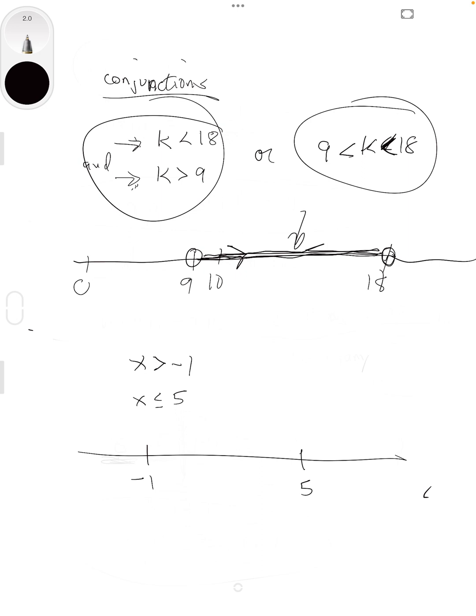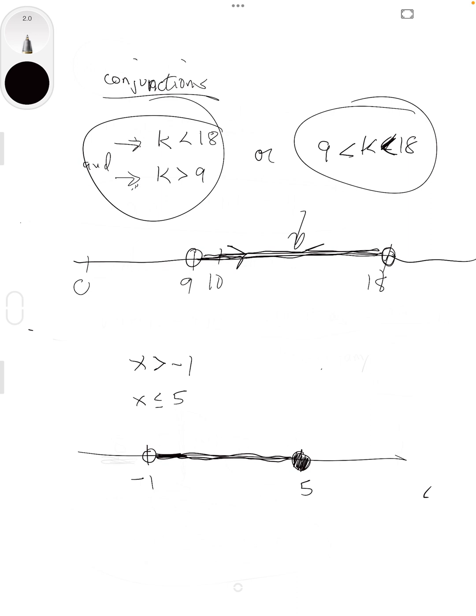So if I know it's greater than -1, it's an open dot, and it's going that way. And if it's less than or equal, it's a closed dot, and it's going that way. That's the answer. That's all you have to do. So this would be the conjunction in drawing it.